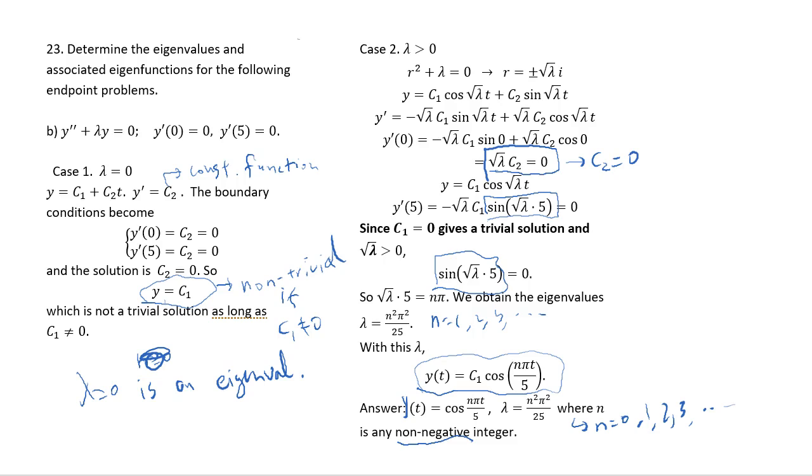Any constant function that's not 0 is an eigenfunction for the case lambda equals 0. So y equal to 1 is one of the eigenfunctions among them. So that's perfectly okay. The good thing is we didn't have to treat these two cases separately. We can just say n is 0, 1, 2, 3, and write this, and that automatically includes case 1. So it works very well for us.